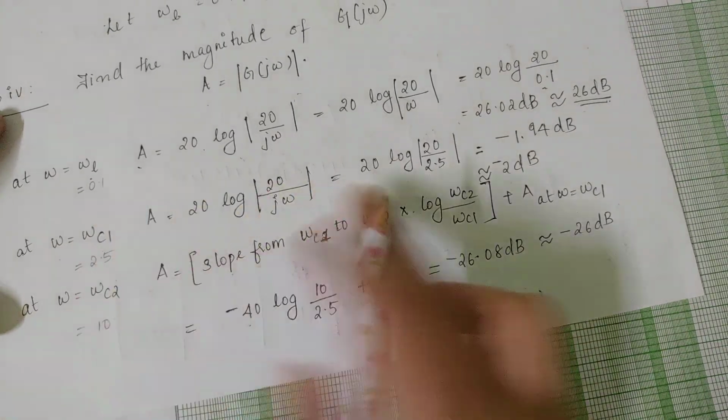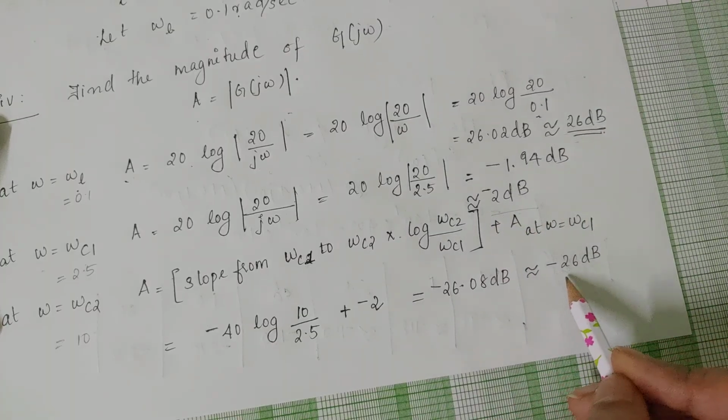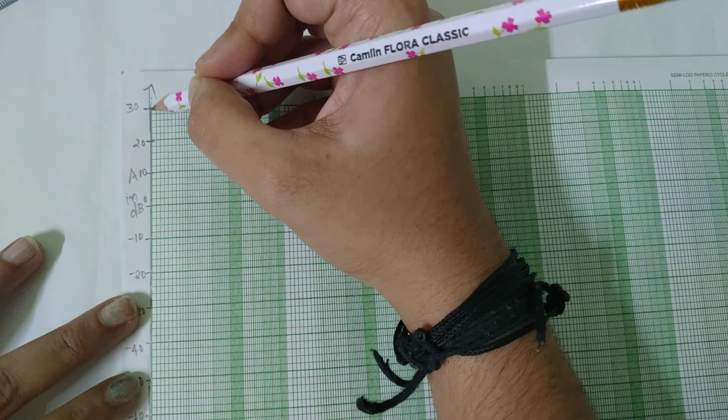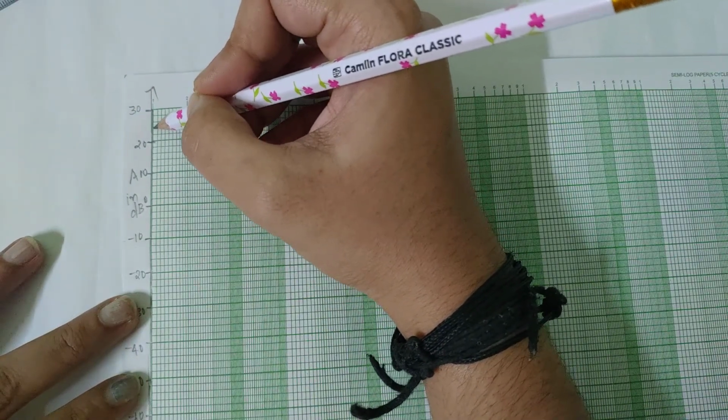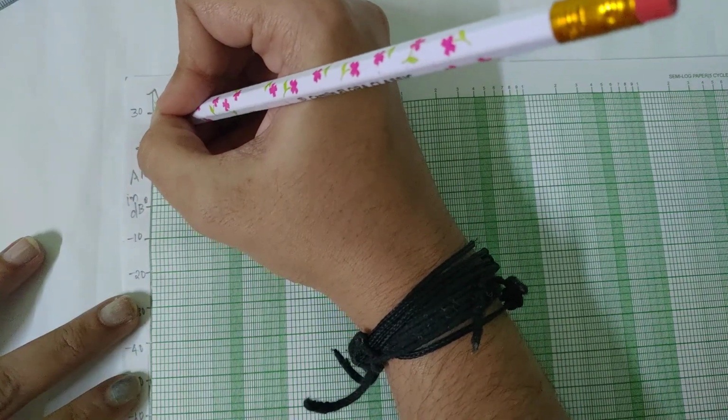So it is 26, minus 2 and minus 26. So I am marking it here. So it is 20 and 30. So 22, 24, 26. So my point is this one.